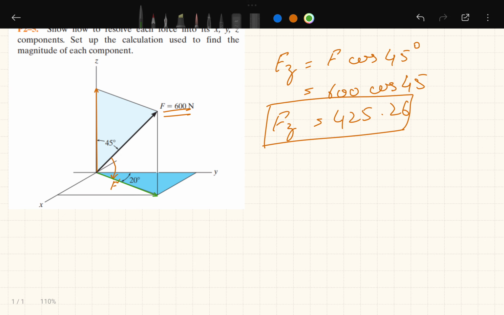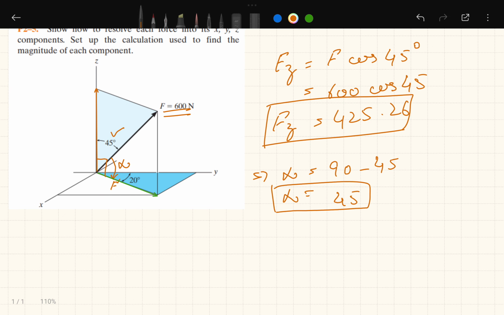The angle for this one, let's call it alpha. Because the total from this point to this point is 90, alpha will be 90 minus 45, which is 45.